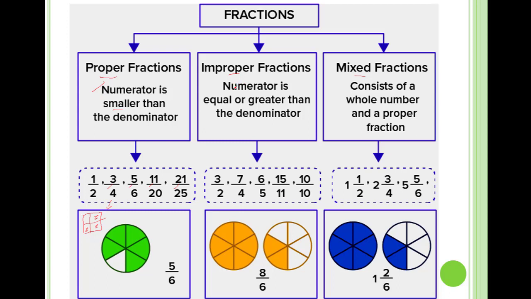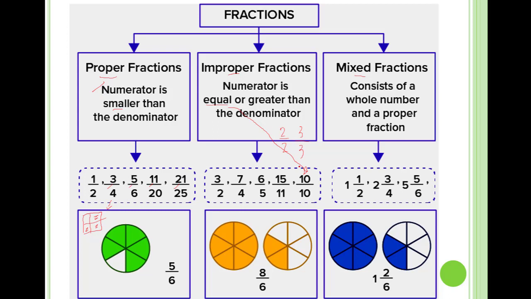Improper fraction, the numerator is equal or greater than the denominator. So as you can see, when you say the word equal, an example for this is the 10 over 10. We could also have 2 over 2. Another thing, we have 3 over 3.